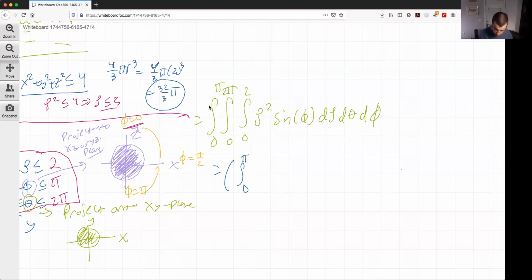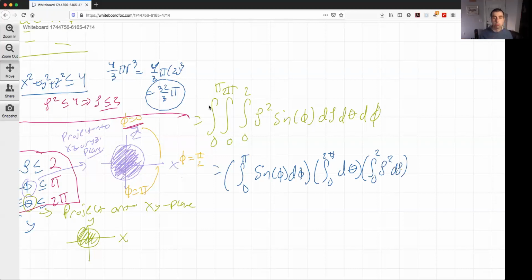So the phi comes along. I have the integral of sine of phi d phi. I then have the integral from 0 to 2 pi of d theta. And I have the integral from 0 to 2 of rho squared d rho. Something like that. The integral of sine is negative cosine, and we're between 0 and pi. This is going to be just 2 pi.